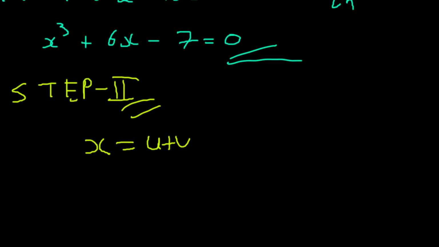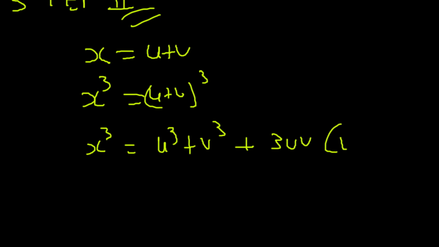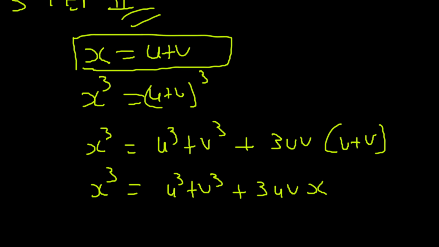Then cube it, using the formula (a plus b) whole cube equals a cube plus b cube plus 3ab(a plus b). Since we know that u plus v is equal to x, this will be u cube plus v cube plus 3uvx.